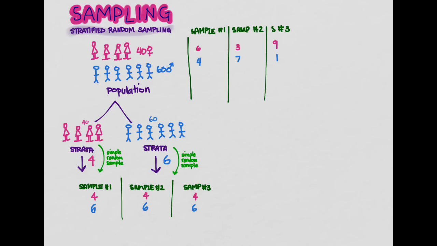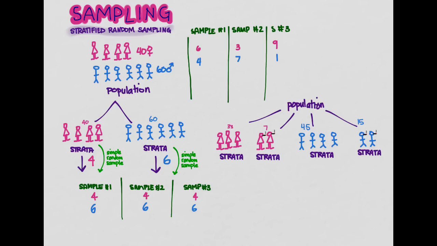And we could actually break it down further than just men and women, or 2 strata. Say we're looking at smoking as well, so we wanted to have 4 strata. Here we took that same population and broke them down into women who don't smoke, women who do smoke, men who don't smoke, and men who do smoke. Then we just decide, well, from those 33, we'll take 3 at random of those who don't smoke, and 1 from the women who do smoke.